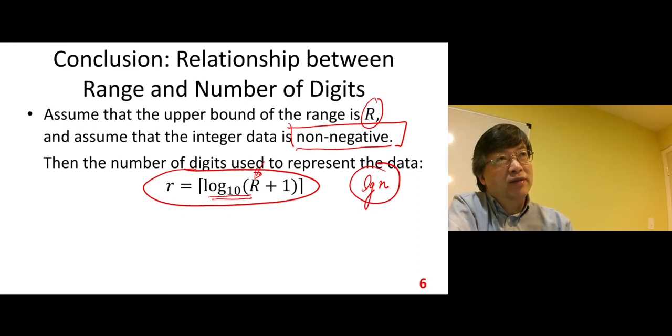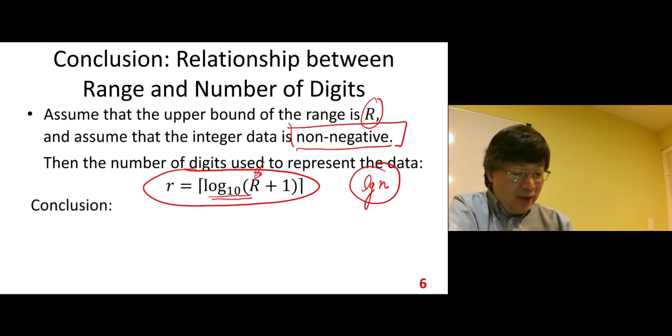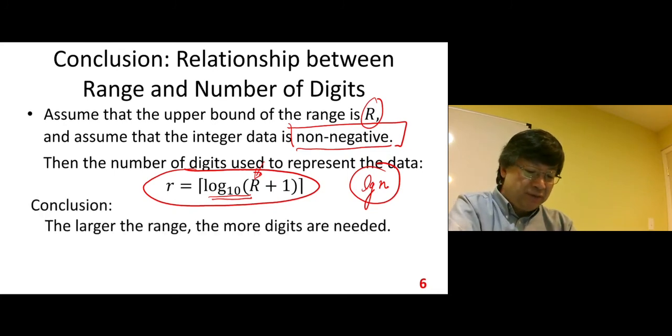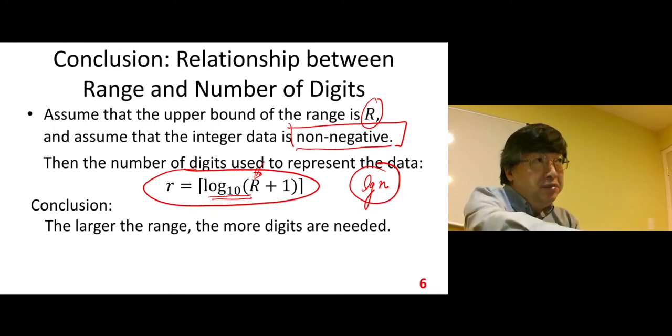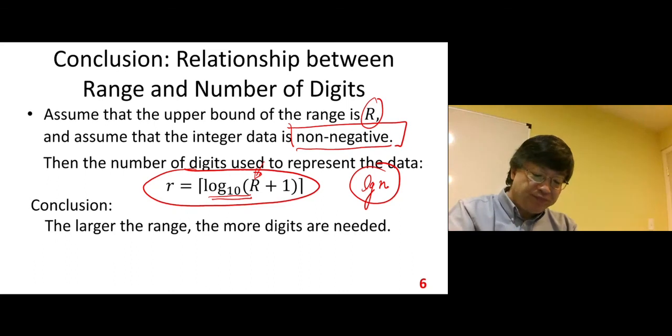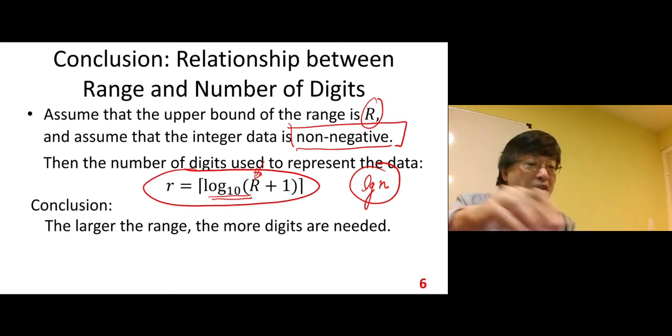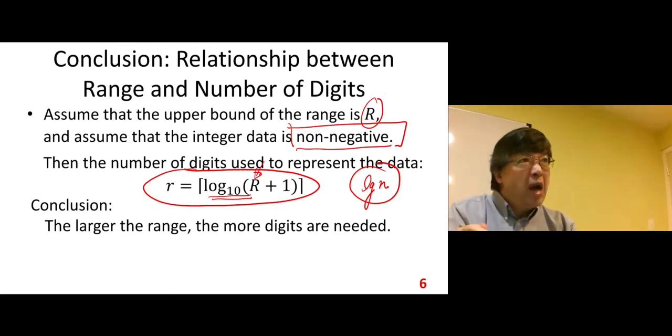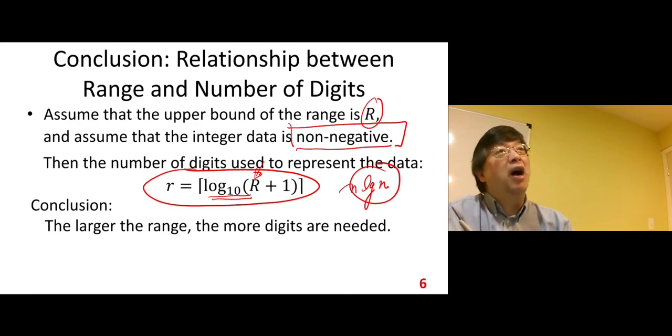The size of the range capital R and the data size are quite different. So the conclusion: the larger the range, the more digits are needed. If the range is too large, then probably the method is not as good as n log n, because that R could be too large.